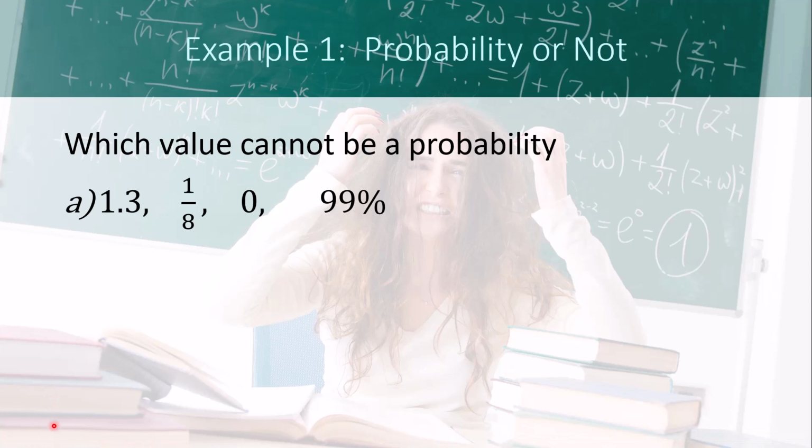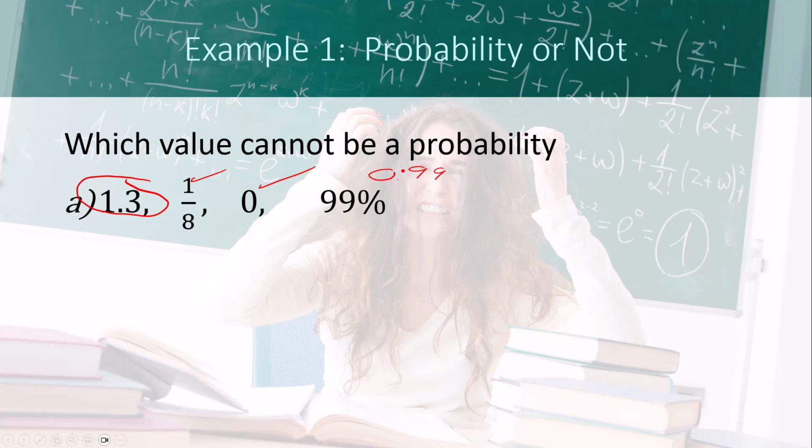As I mentioned before, the probability can never exceed 1 and never be less than 0. So accordingly, this value cannot be a probability. It's just greater than 1. It can be 0, so that's cool. It can be 1/8, that's less than 1. And 99%, that is actually as a decimal 0.99.